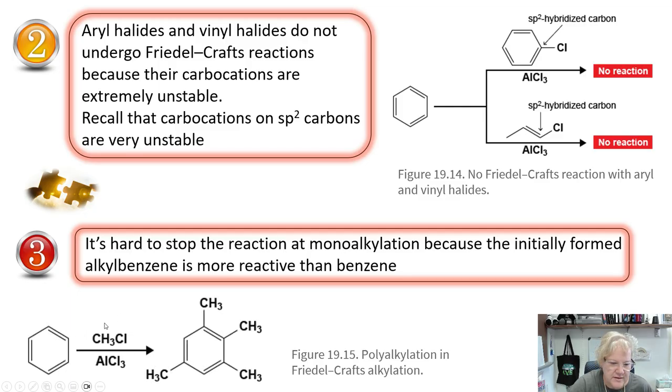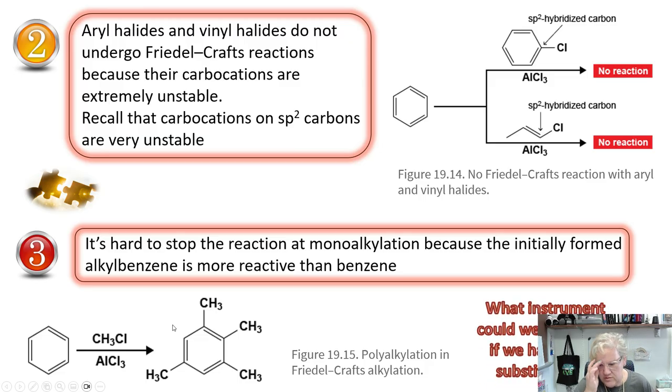Okay, so if we take something like this, methylene chloride here, and do our substitution, yes, we get 1, but then we get 2, 3, 4. We can get more substitutions than we want. If we only want 1, this becomes a problem. Okay, so what instrument, I know we've talked a little bit about this, what instrument could we use to see if we got the mono substituted or if we accidentally got lots of substitutions?